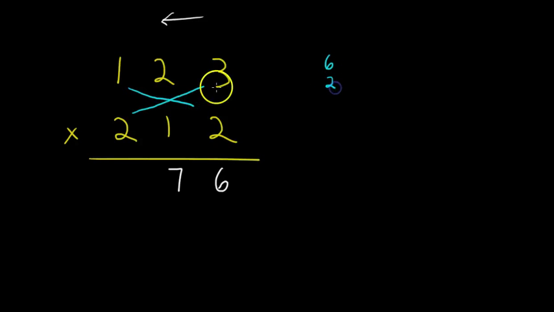So we multiply the corners, and then we're going to multiply the middle. 2 times 1 is 2, and that gives us 10. So 0, and we carry the 1. And then the next step would be to keep going to the left.